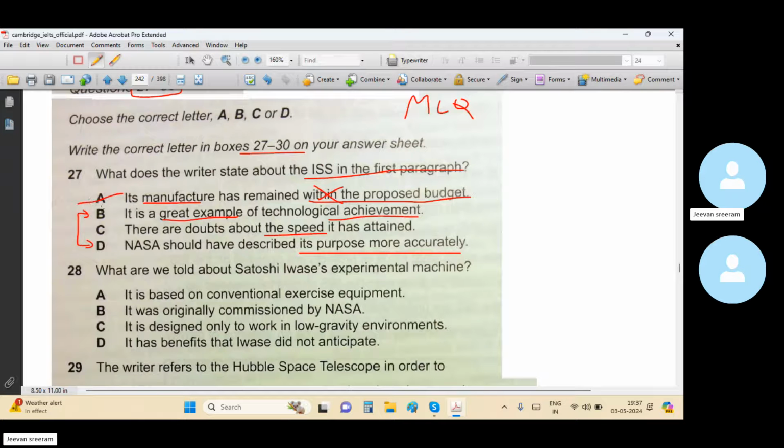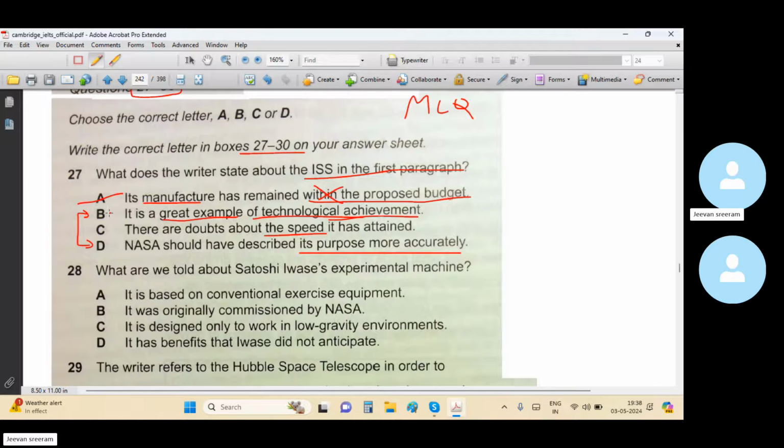So A goes out. Second, it is a great example of technological achievement. Of course, the passage describes the ISS as a premier world-class laboratory and the most complex engineering project ever attempted. This shows that it is seen as a big achievement in technology. The phrase "today no one can doubt the agency's technological ambition" supports this answer choice, emphasizing NASA's effort and success in creating such a complex structure.